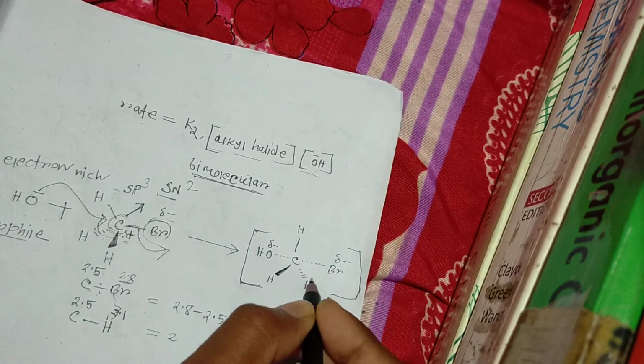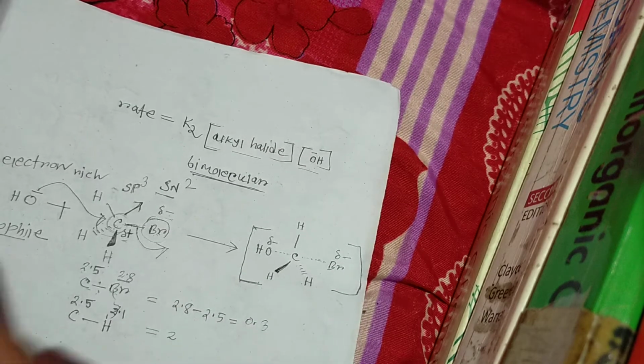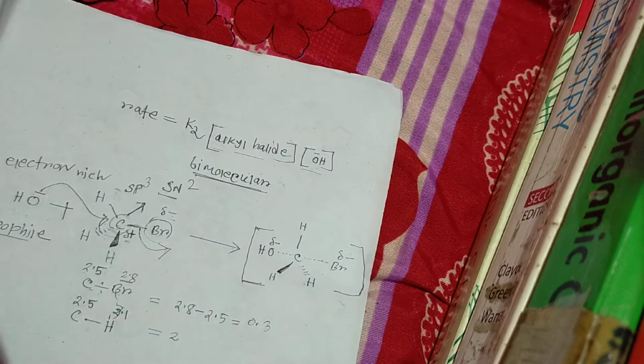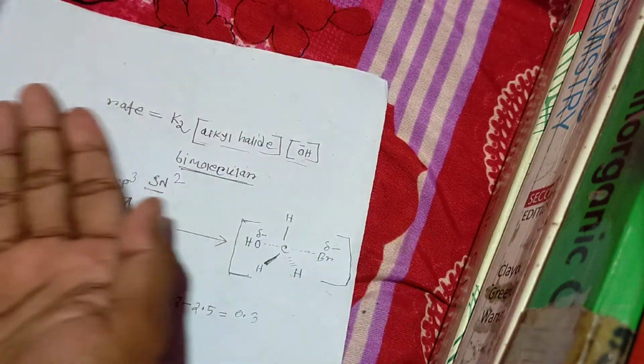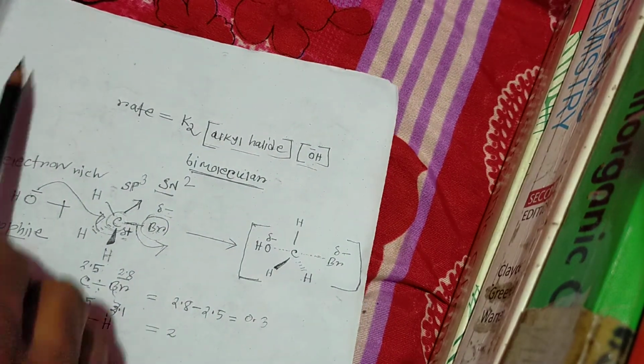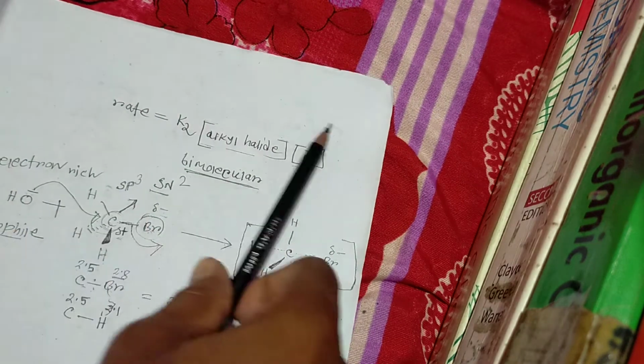The three hydrogens are below the plane, that is below the paper. This is my paper and it is considered a plane, that is 2D.